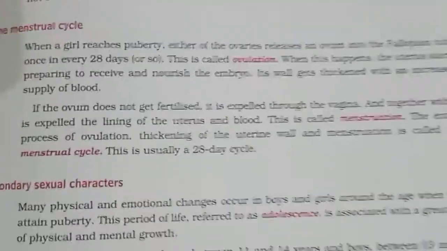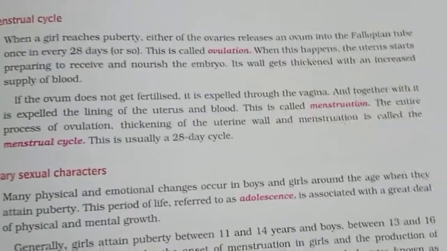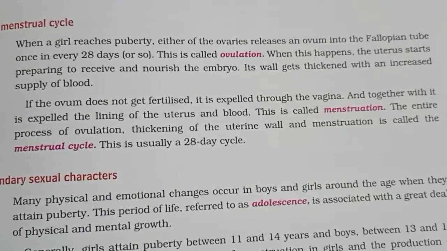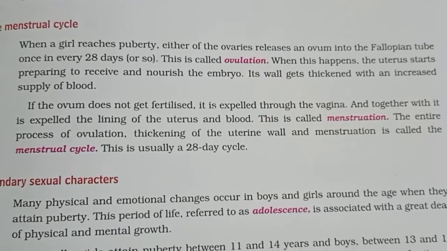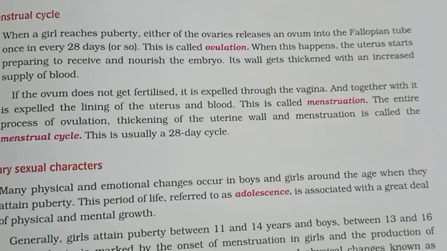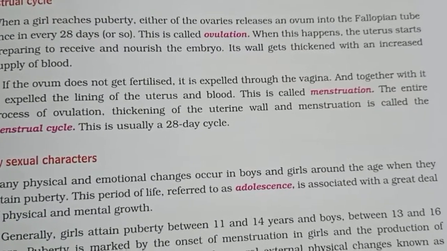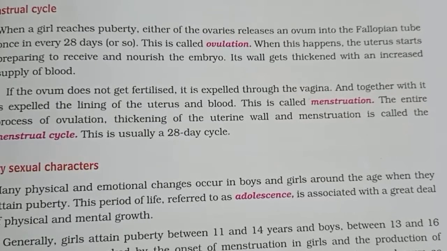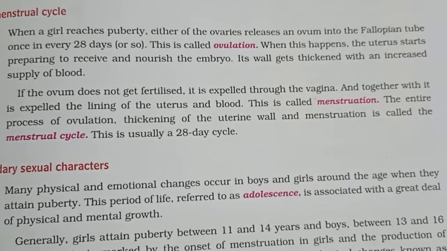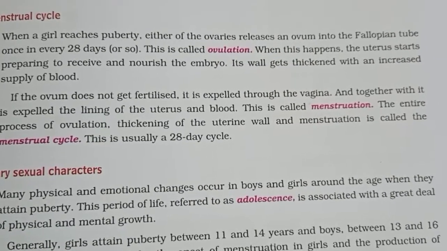Next is the menstrual cycle. When a girl child reaches puberty, what happens? The ovaries release the ovum into the fallopian tube once every 28 days. This process of release of the egg after reaching puberty is known as ovulation.